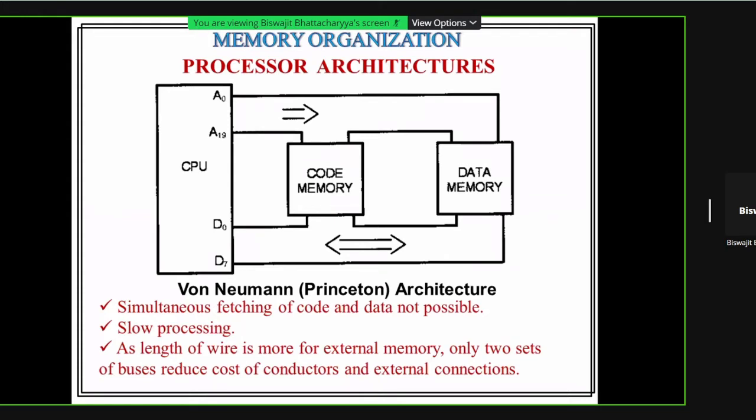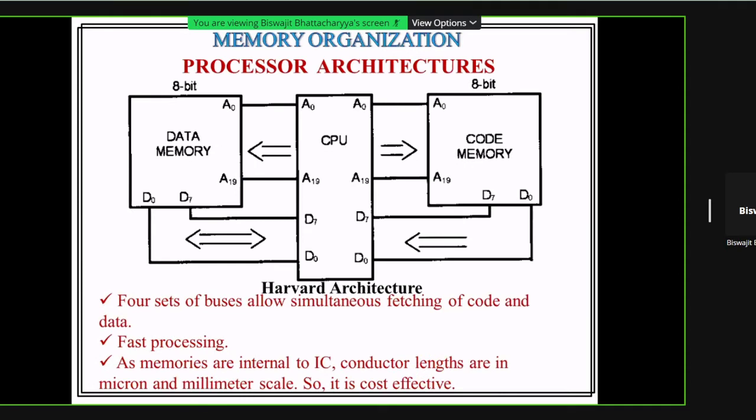Actually, the conductors running from the microprocessor to the memories present in the motherboard are relatively long in distance. So, to reduce the number of these long conductors, Princeton architecture is very much required.